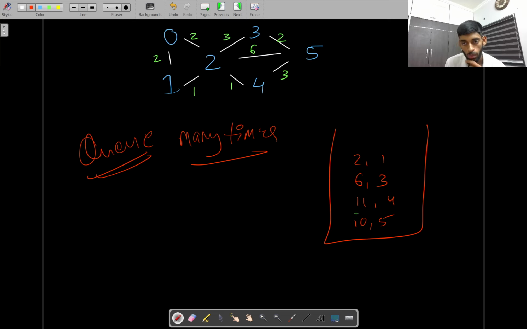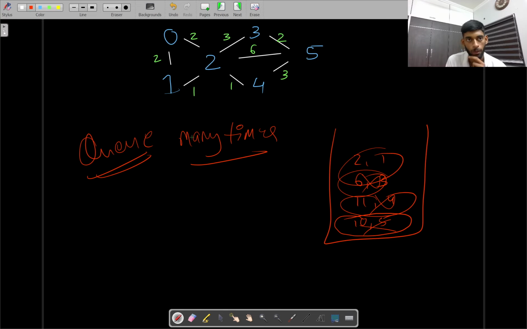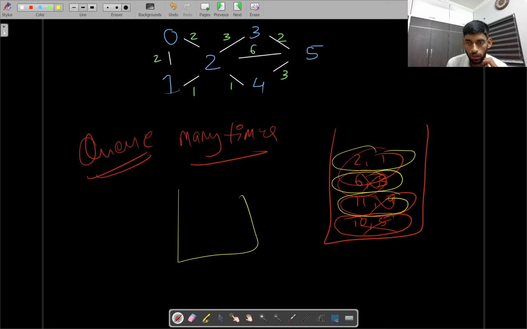So if it is normal queue, then it will be processing this part first, after popping this part, after popping this part, after popping this part. But if it is a priority queue or set data structure, it will first process this part, which is the minimum, then this one, then this one, then this one.